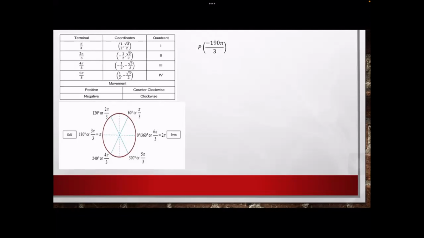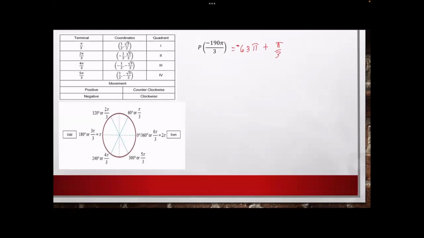Negative 63.33 po. Okay, so this will be negative 63 pi plus pi over 3 kasi 0.33 yan.